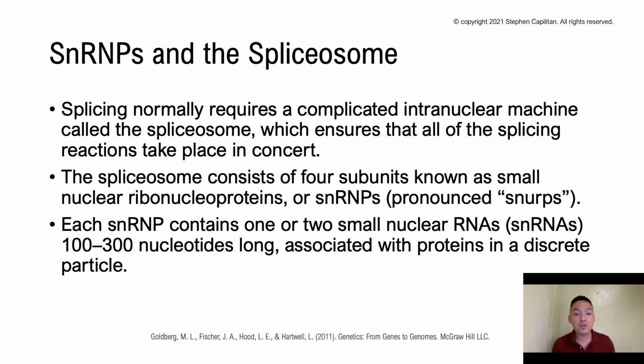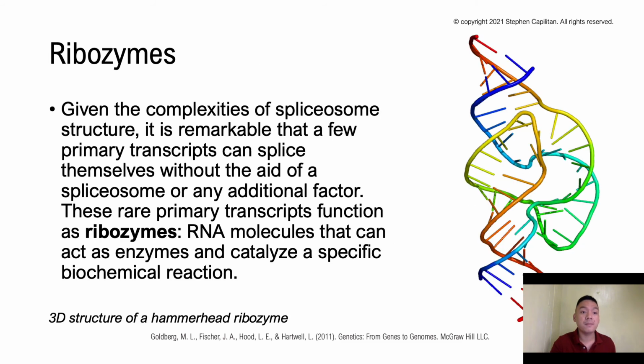The spliceosome has 4 subunits, which we call small nuclear ribonucleoproteins, or snRNPs, or SNRPs. Each SNRP contains 1 or 2 small nuclear RNAs, or snRNAs, which are about 100 to 300 nucleotides long, and they are associated with proteins in a discrete particle.